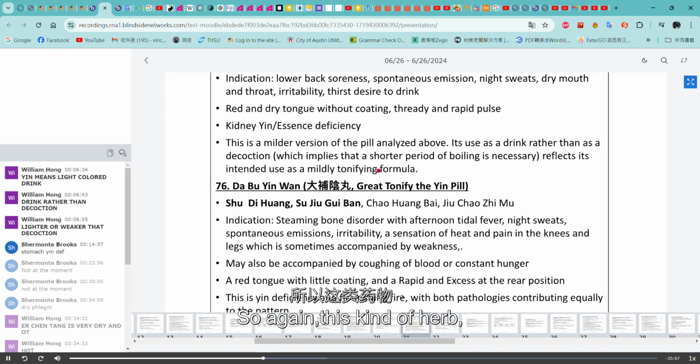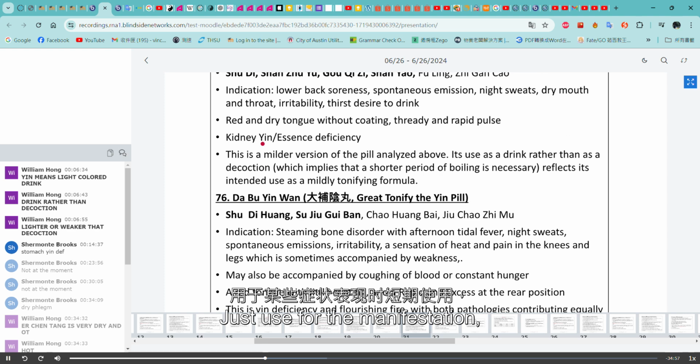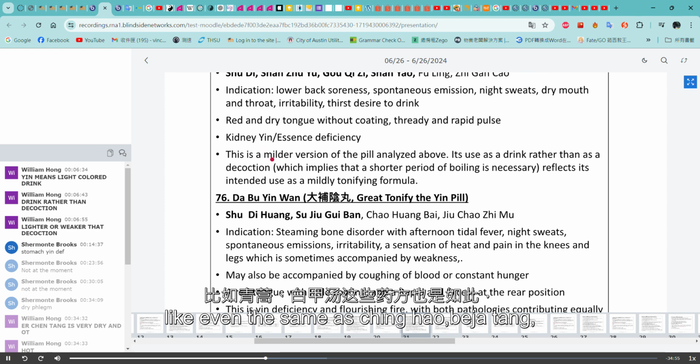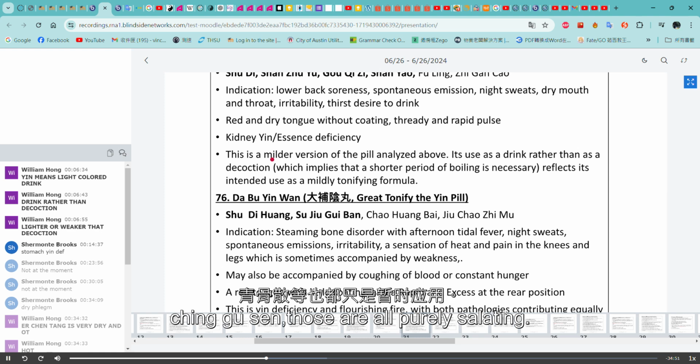So again, this kind of herb, especially those guiban and lu jiao jiao in there, you're not going to use for a long time. Okay, just use it for the manifestation, like the same as qinghao biejiatang, qinggusan, those are all purely sedating.